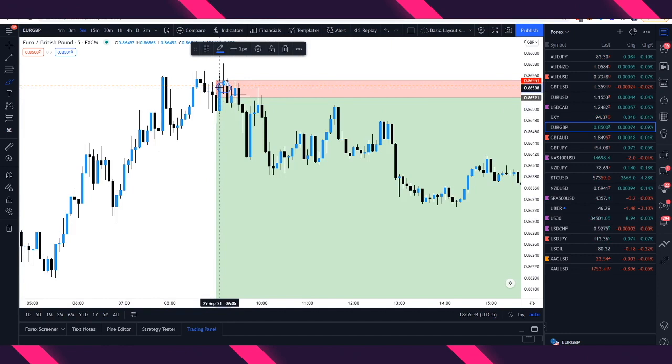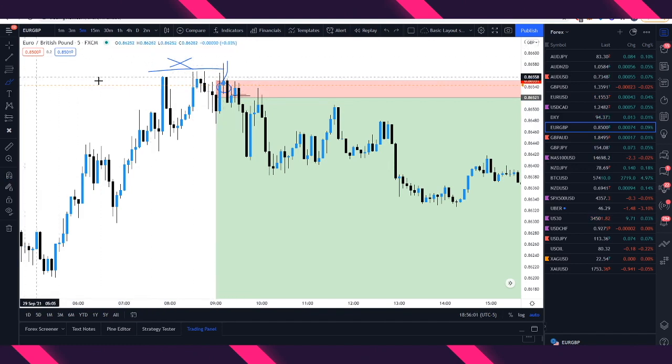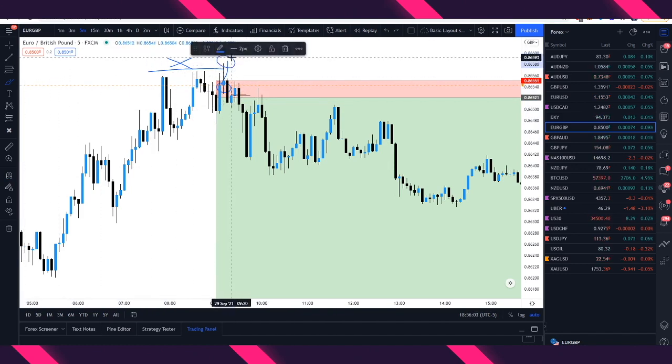Price pushed higher above here and then sold off. Right? Technically, it did this and then this and then this. Price pushed above these highs because a lot more selling can be injected in there.